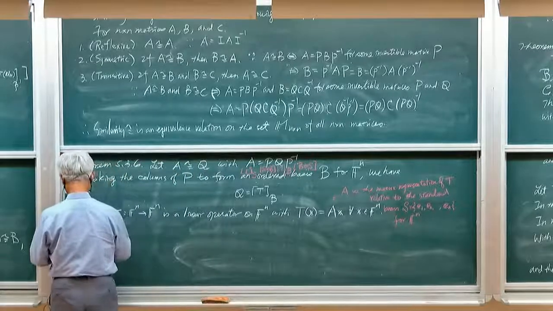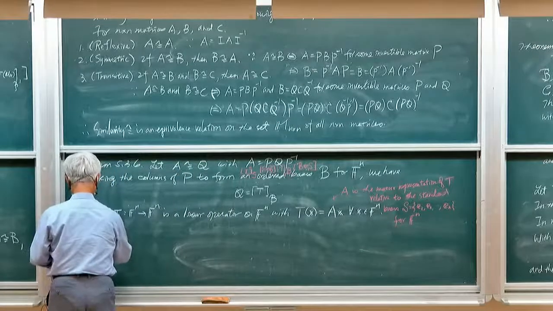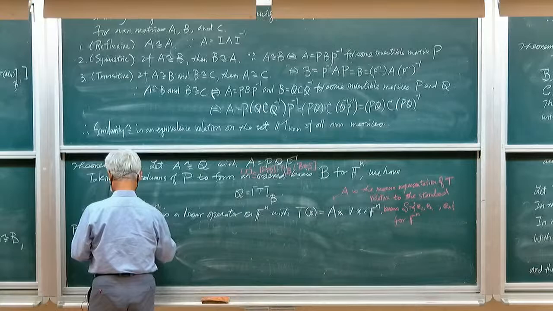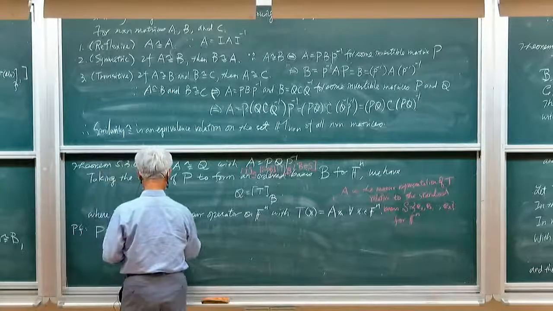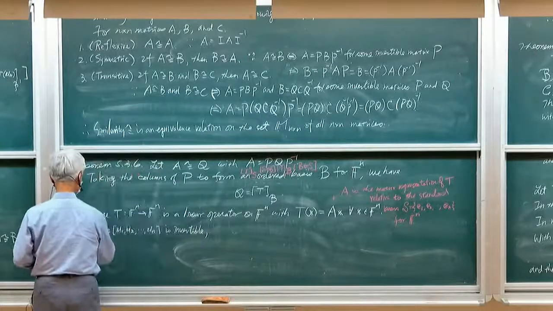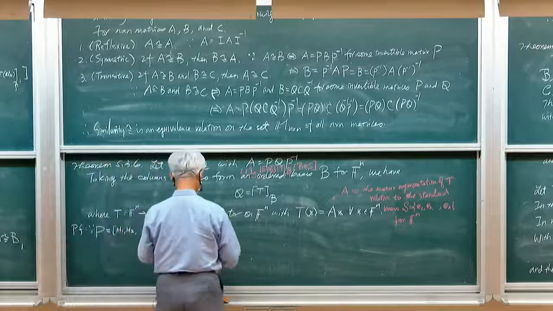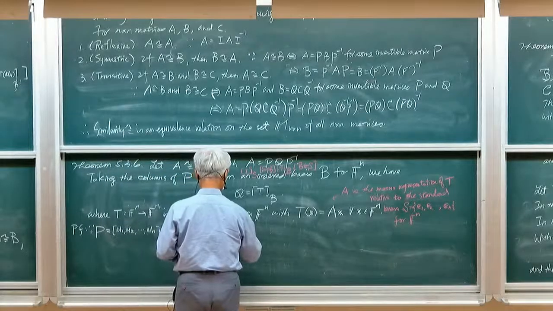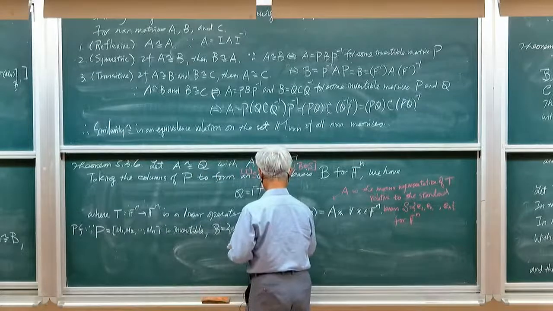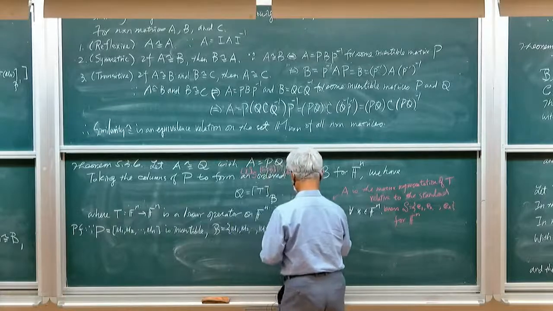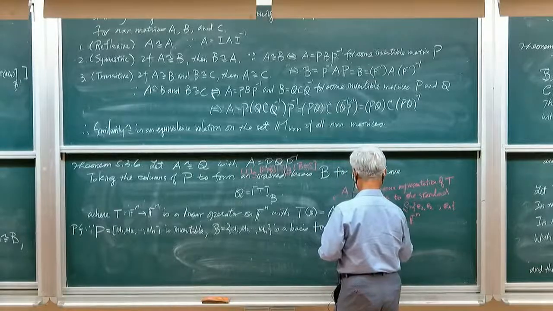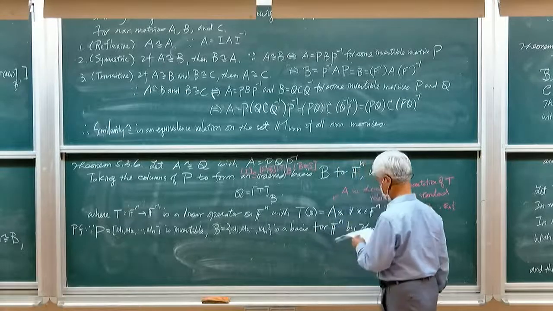Now, P is u1, u2 up to un and is invertible. Since P is invertible, its columns form a basis for Fn by theorem 5.2.1 before.